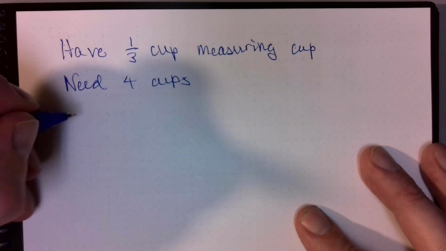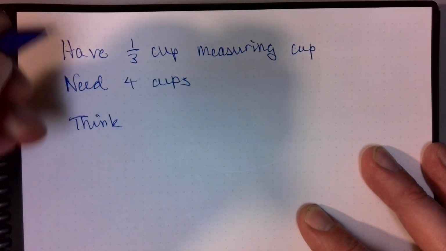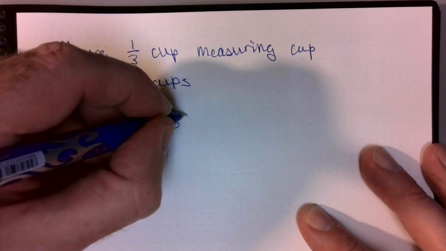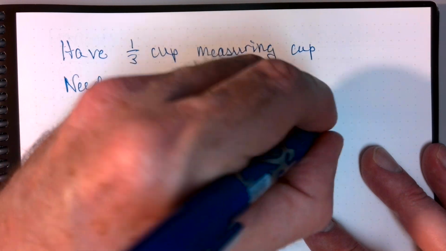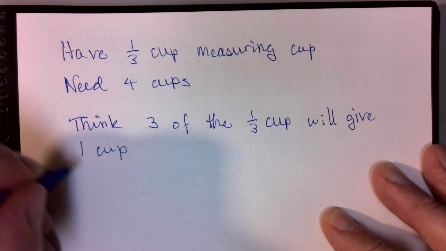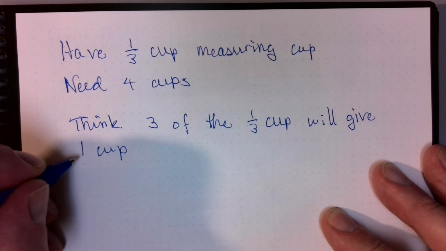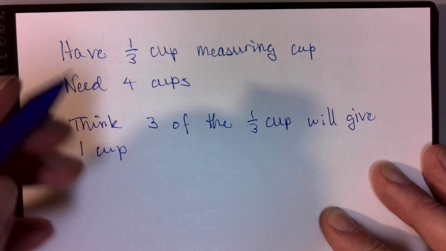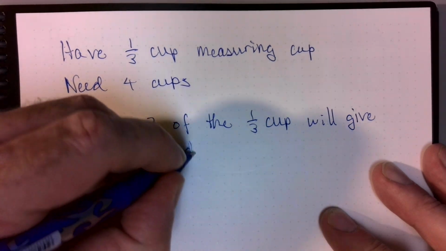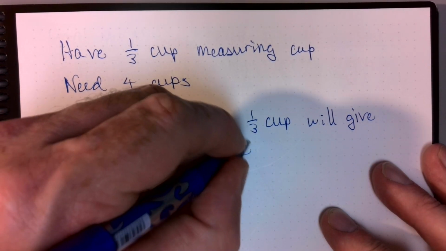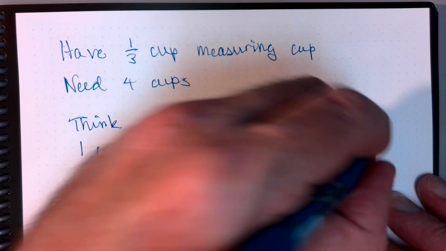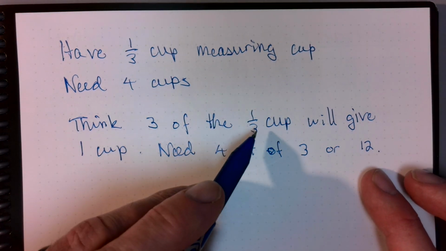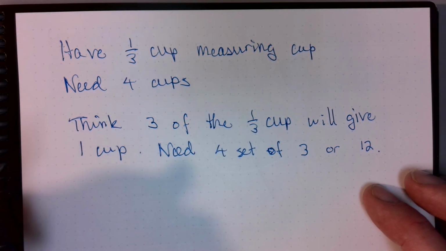If we just think about this, 3 of the 1/3 cup will give 1 cup. Now we need 4 of these cups. So we need 4 sets of 3. So we need to use this 1/3 cup 12 times to get the 4 cups.